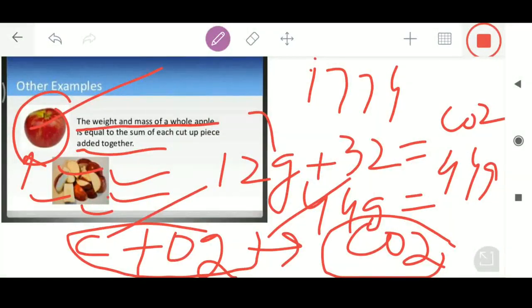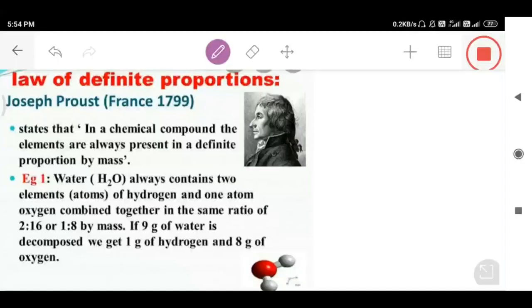Now we are going to study one more very important law, the law of constant proportion. Let's discuss the law of definite proportions. This is also called the law of constant proportions, and this law was given by Joseph Proust, also known as J. L. Proust, who was from France.